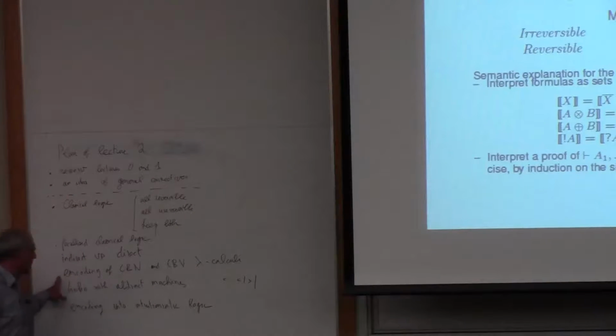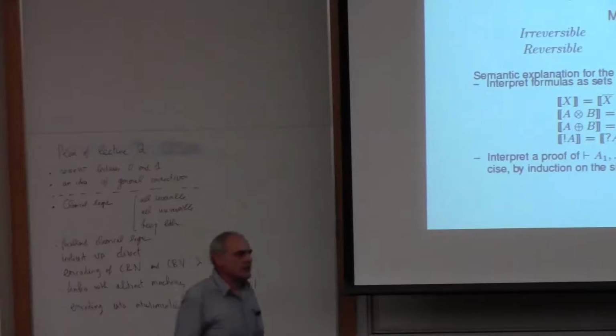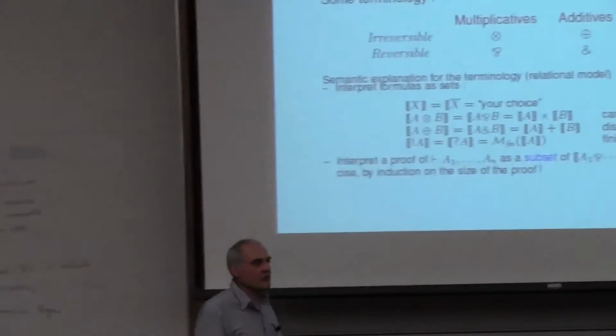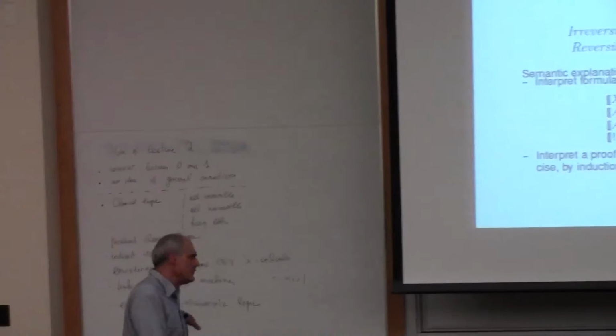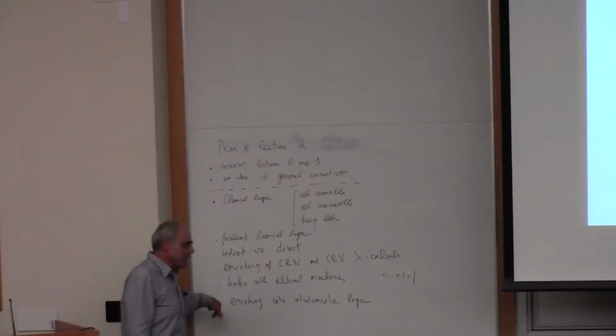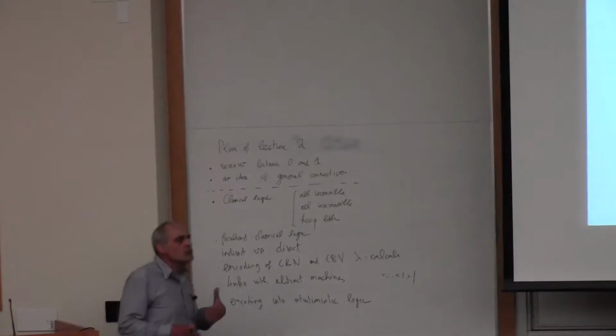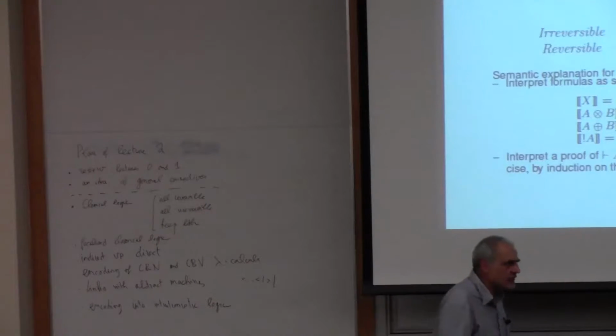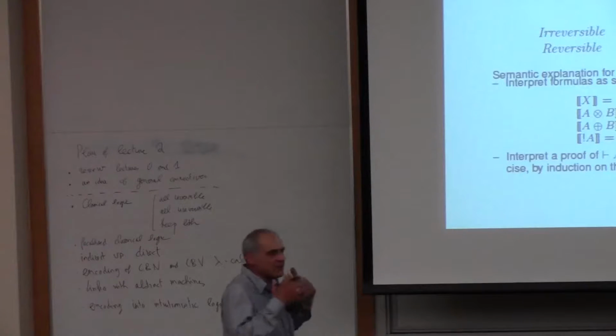And I promised to explain some links between this syntax and the operational semantics of the lambda calculus expressed in terms of abstract machines. So I'll do a little bit of that. And finally, I will show how to translate this syntax into intuitionistic logic, which is usually the last step.